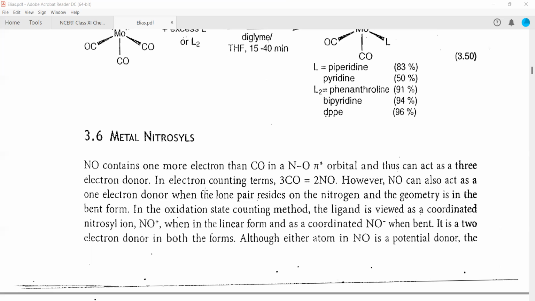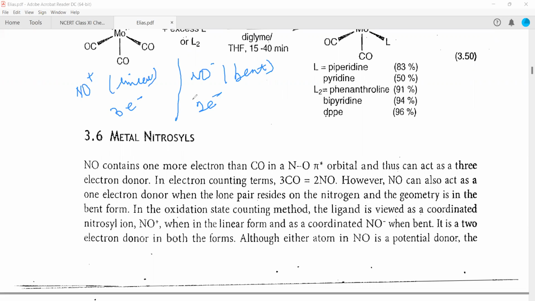You need to understand this. When it is NO positive, it is binding in the linear fashion, and it is a 3 electron donor. And when NO is coordinated as NO negative, the geometry is bent, and it is a 1 electron donor.